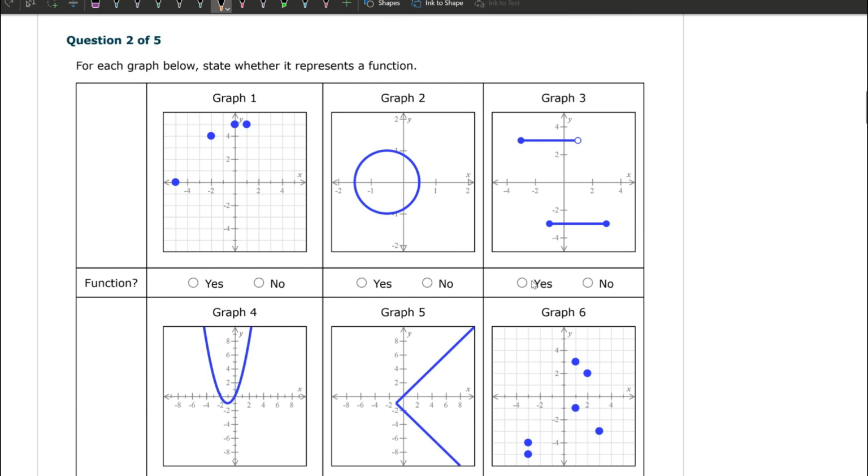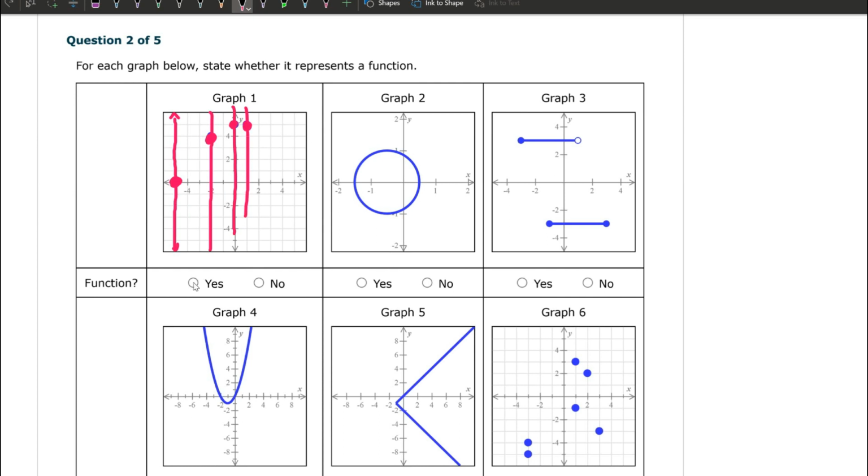Okay, so now in the second graph, we're going to use the vertical line test to check the function. So if you draw a line going up and down, if they cross your blue graph 1 point every time, that will be a function, which means that none of the X are repeated. Okay, if you draw a line going up and down that crosses your blue graph 1 point at a time, it is a function.